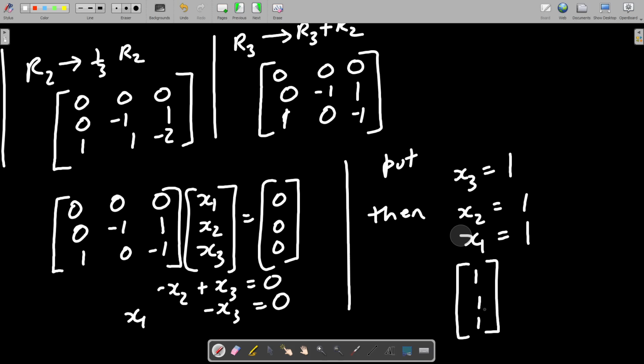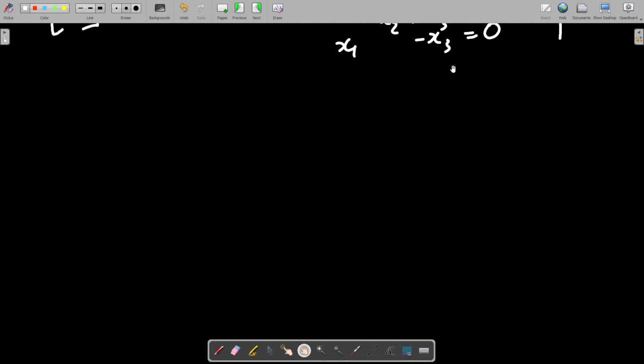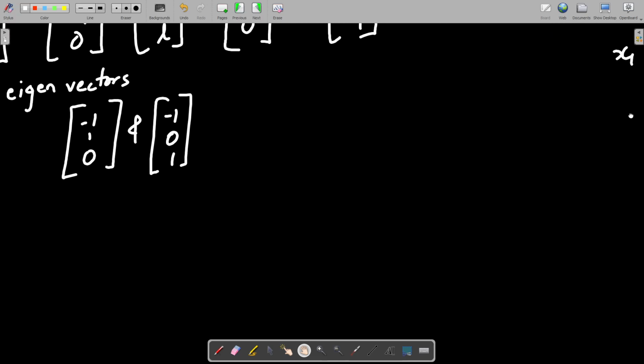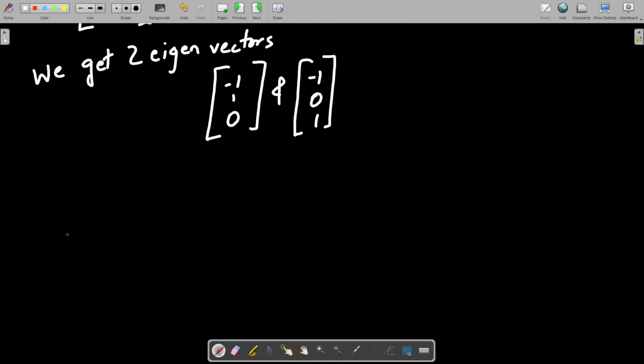Okay. So what is the matrix P? Write down all the three vectors which I have written down. Step 4.